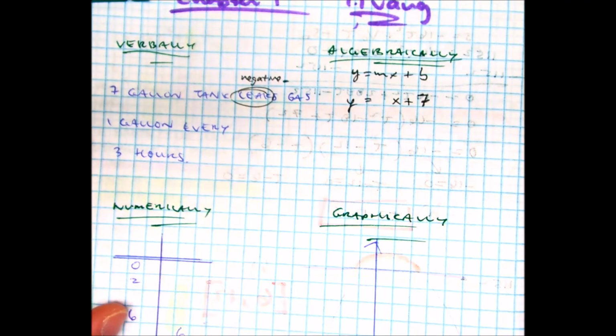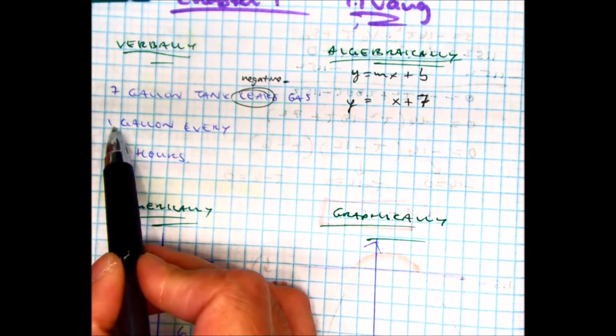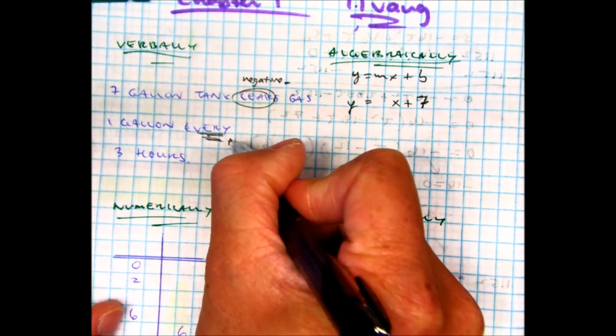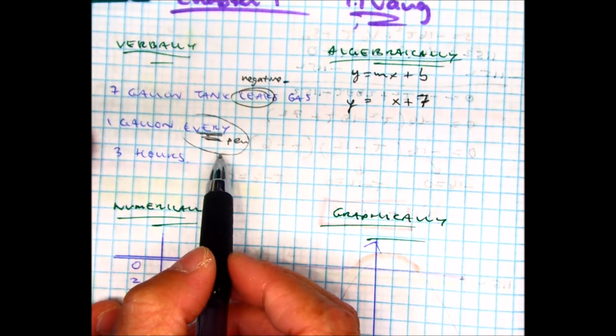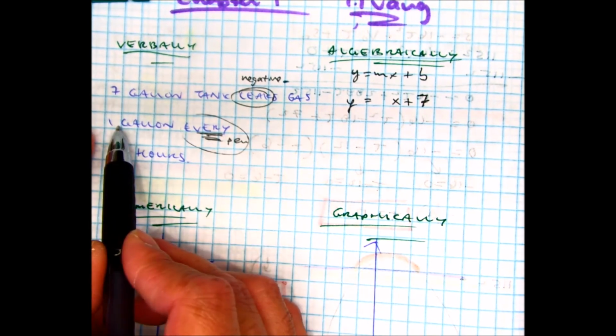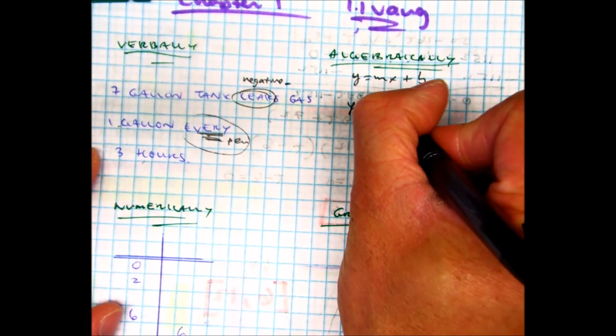It's losing fluid, so that's a negative number. 1 gallon every, another word for every might be per. This is the division. So we're actually doing some translation of words into math symbols. So 1 divided by 3, so negative 1/3.